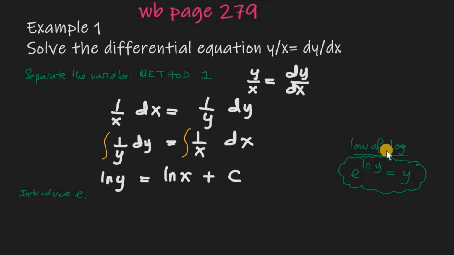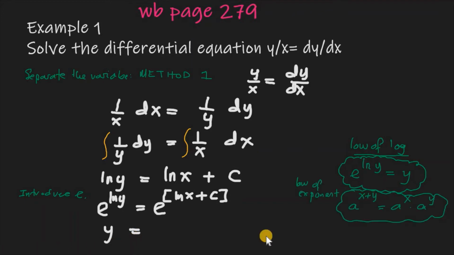Okay, so here looking back into the law of log, e power ln y is y. We would like to get the y. So let's change it into exponent. So y equivalent to e power ln x plus c. Right? So there, applying the law of the log, e power ln y is y. To simplify, we need to use this law of the exponent.